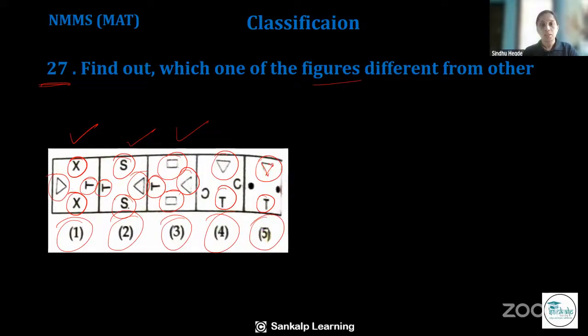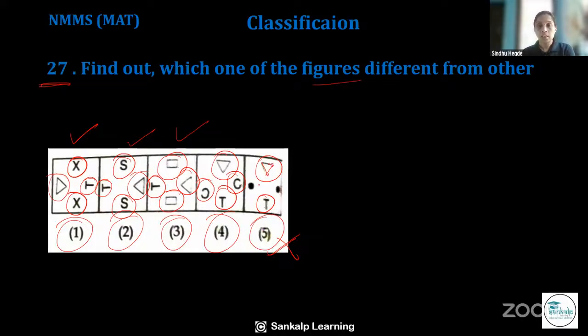Image 1, 2 and 3 contain identical twins with the alphabet or mathematical structure, like the rectangle. Image 4 also has identical twin alphabets, CC. But only in image 5, T faces the triangle, it is similar, but it breaks the pattern.